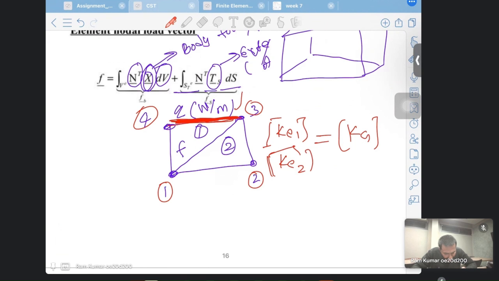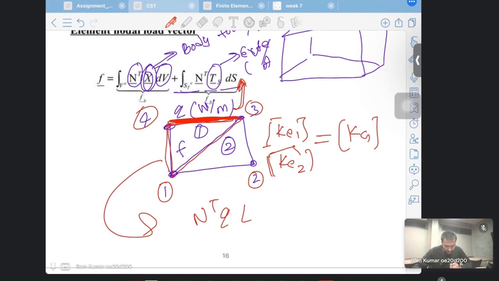Because we are talking about only 2D, for this side this will be N transpose into Q into the length. This is flux 1, plus this one also: N transpose F into the area of the triangle, area 1. So this will be Q1.